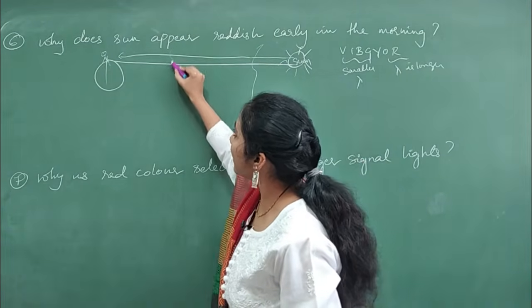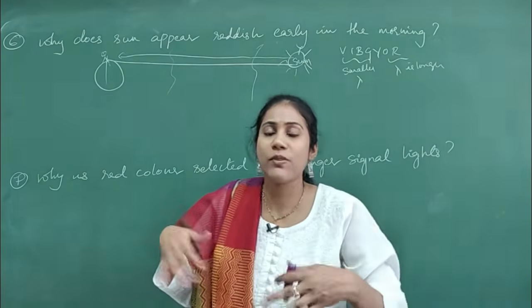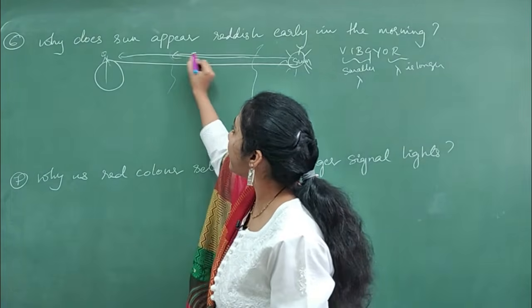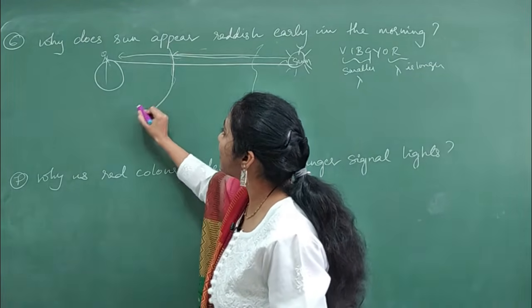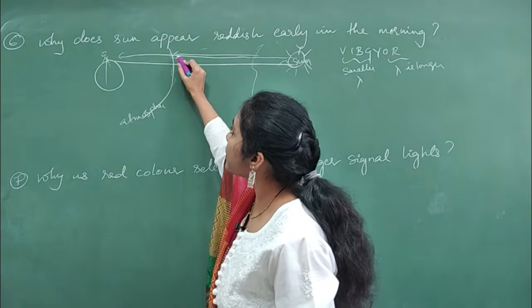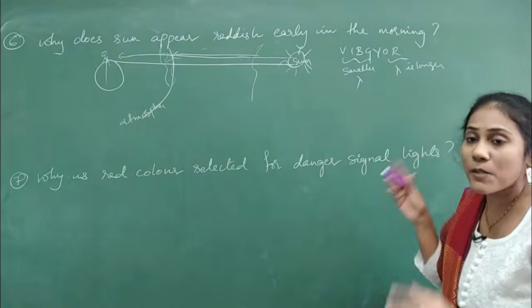The moment they try to reach near the atmosphere, you have so many layers, right? So when the blue radiation, green radiation, all of them reach our atmosphere, they get scattered immediately because their wavelength is smaller.